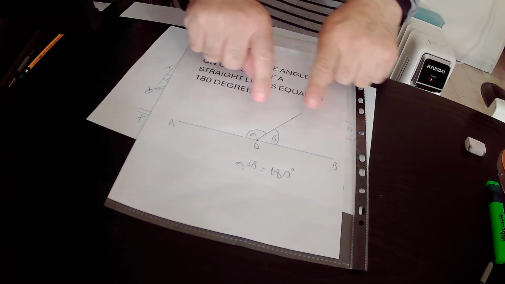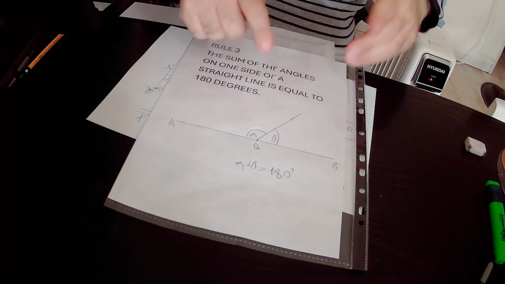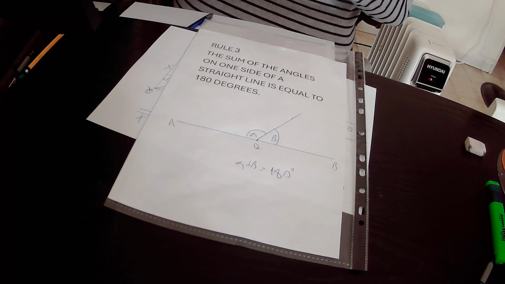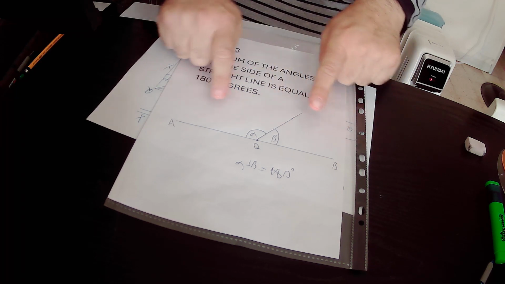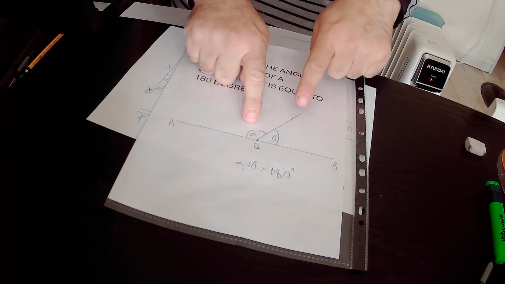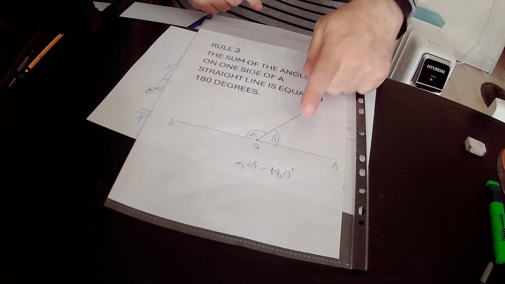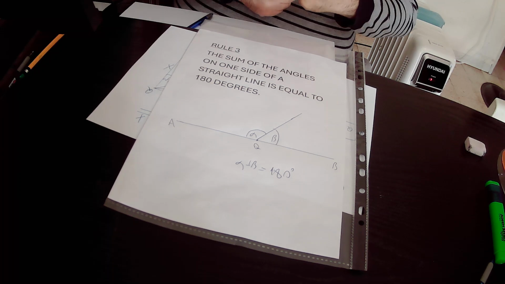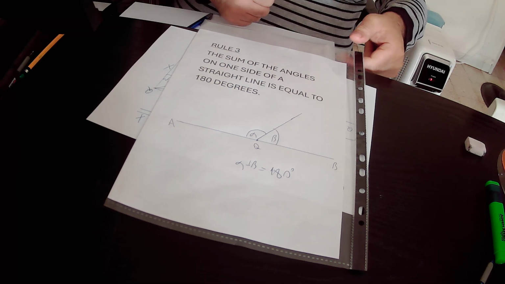If we focus on the upper side of the straight line AB at point Q, the sum of the angles must be equal to 180 degrees according to this rule. Which angles do we have at the upper side of AB at point Q? We have this angle alpha and the other angle beta.